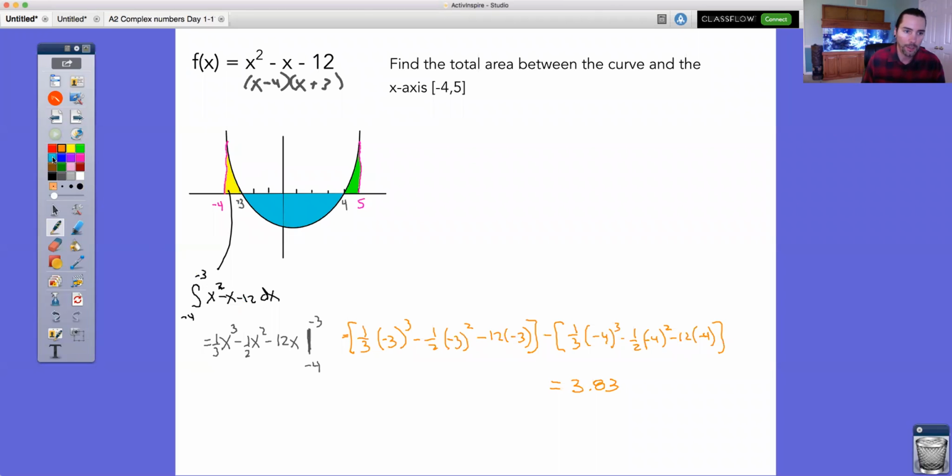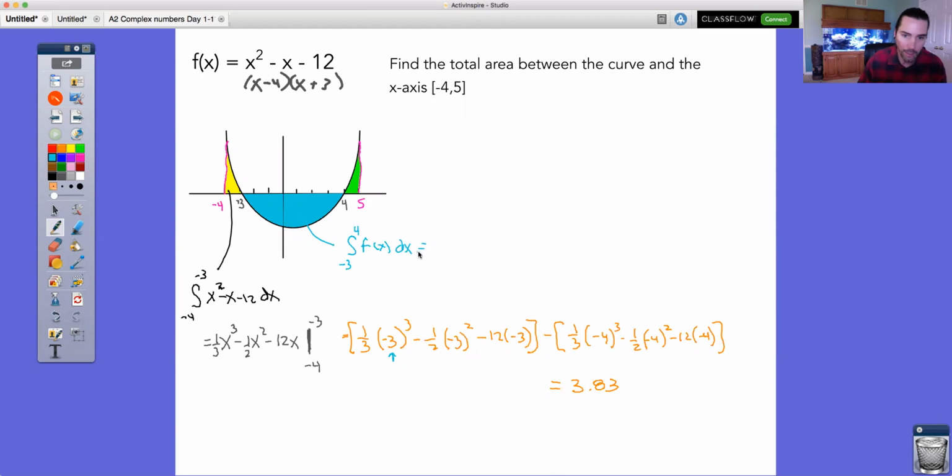Now I'm going to do the blue section. I'm going to integrate from -3 to +4 for f of x with respect to x. To save you some time here, I'm going to do this exact same process in orange. I would plug in 4 instead of these -3s, and then I would plug in a -3.